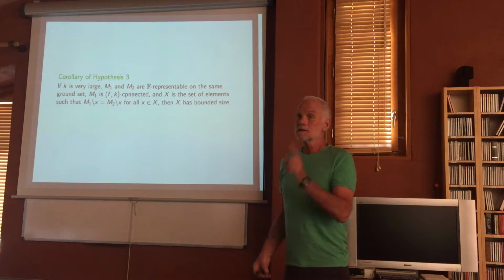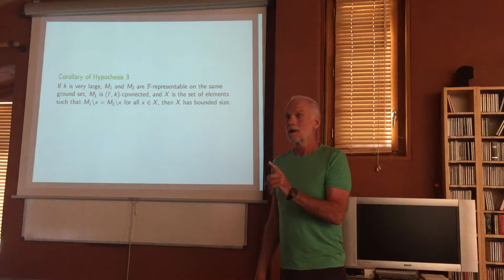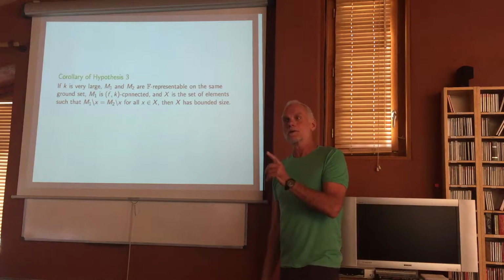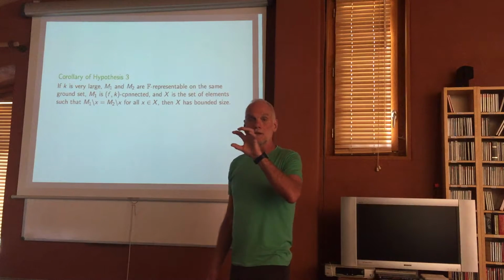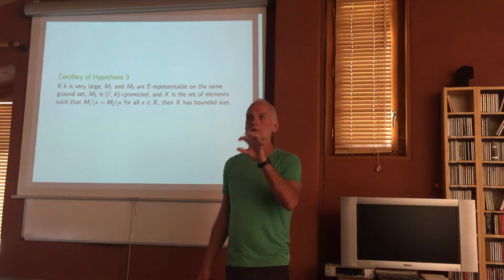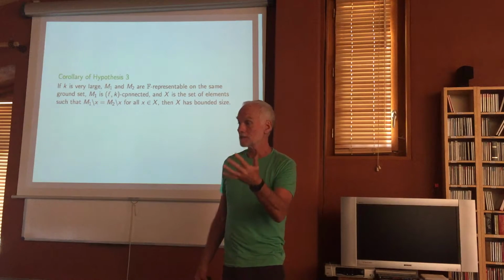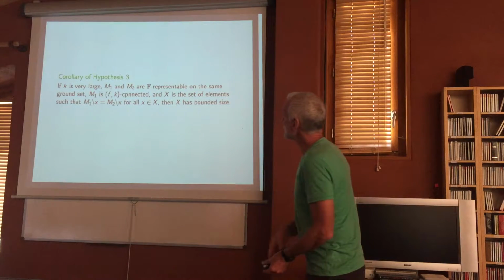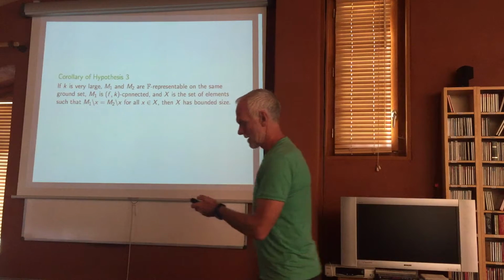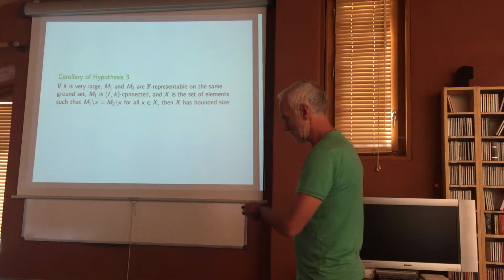And notice that having bounded rank in an FK connected matroid also gives you bounded size, because having bounded rank means there's a low order separation that's small that contains you, and all of the low order separations in an FK connected matroid have size at most F of K. So this corollary is just a straightforward consequence of hypothesis 3. And that's my last slide.